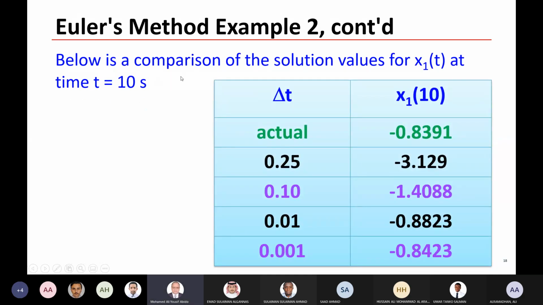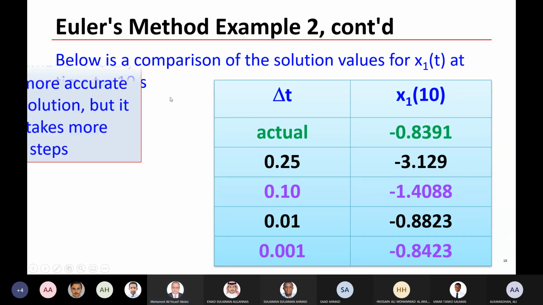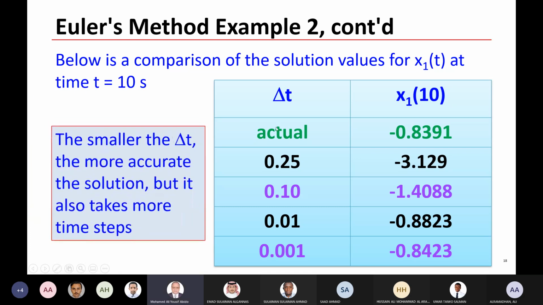Okay, so below is the comparison of the solution x1 of t at t equal to 10 seconds. This is the actual value, x1 of 10, the exact solution. And if you take delta t 0.25, you will end up with this solution, which is numerically unstable, as we mentioned.